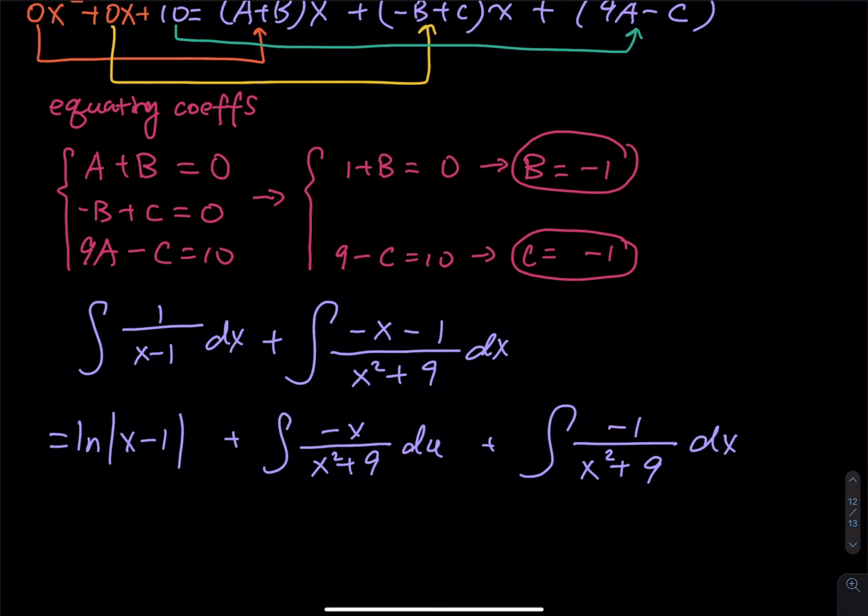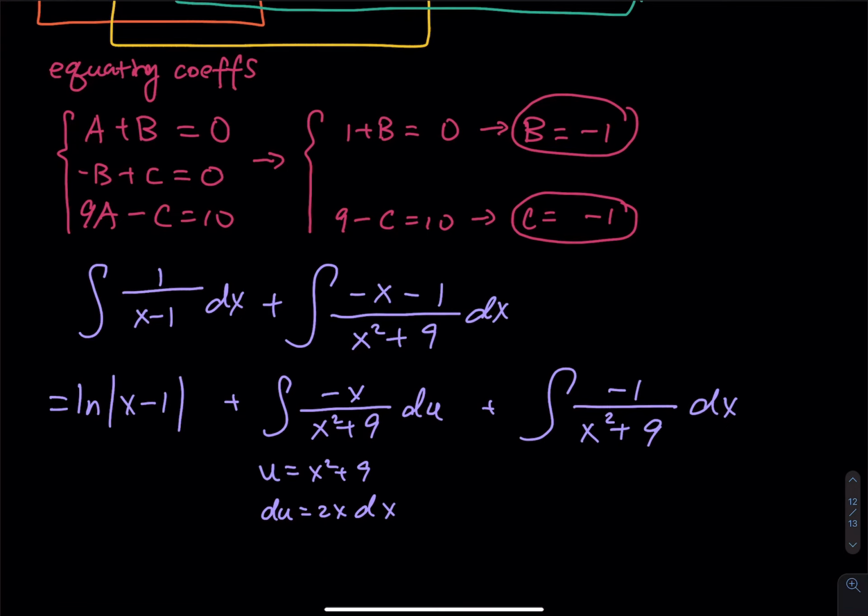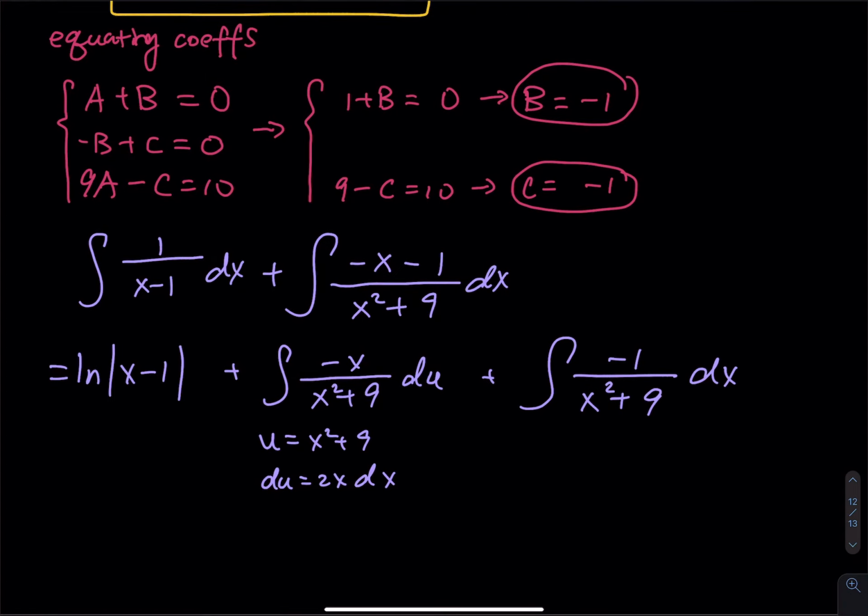So for this one, u substitution: u equals x squared plus 9, du equals 2x dx. So the x will be cancelled, right? So you have negative 1/2, the x will be cancelled, and then you have 1 over u. The integral of 1 over u is just an ln.